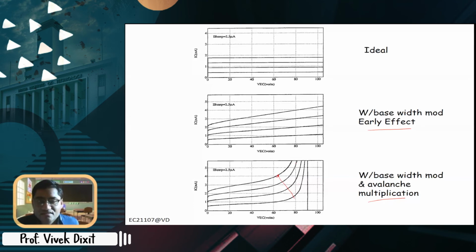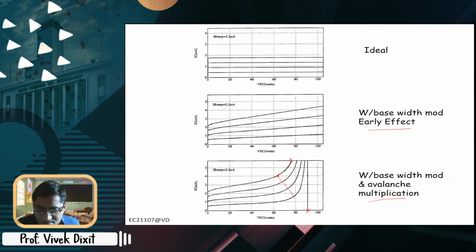So alpha times multiplication will be higher, right? So it changes at a smaller voltage. Okay, so that means for high IC, breakdown actually takes place even before this VCEO.